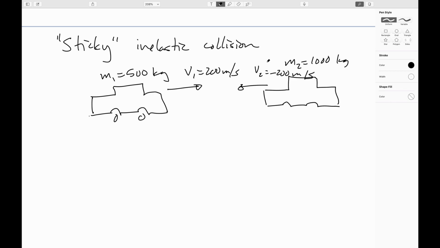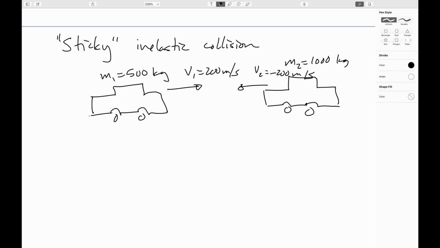Now notice here I put in a minus sign. I put in a minus sign here because when you're doing these kind of collision problems in one dimension, it'll be different when you do it in two dimensions, but in one dimension, I find that it's more convenient to keep track of the directions when we put in the numbers.